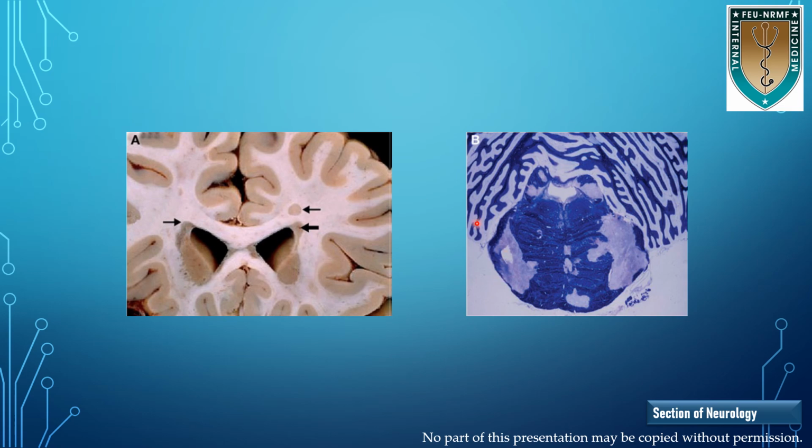On the other side of the screen, you have a cross section of the pons, and this is stained by myelin stain. You will note that there are faint areas which did not take up the stain. So these are the demyelinated areas of the basis pontis.